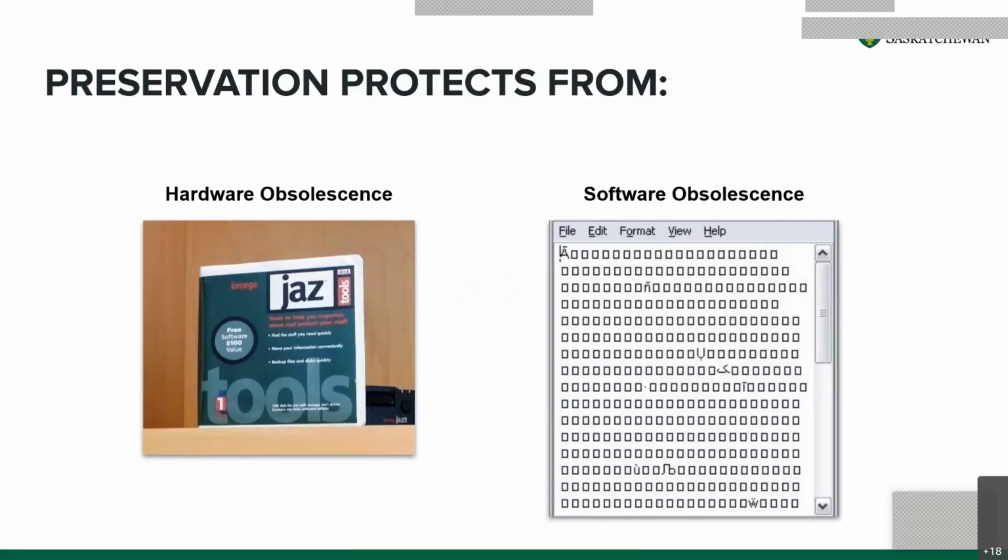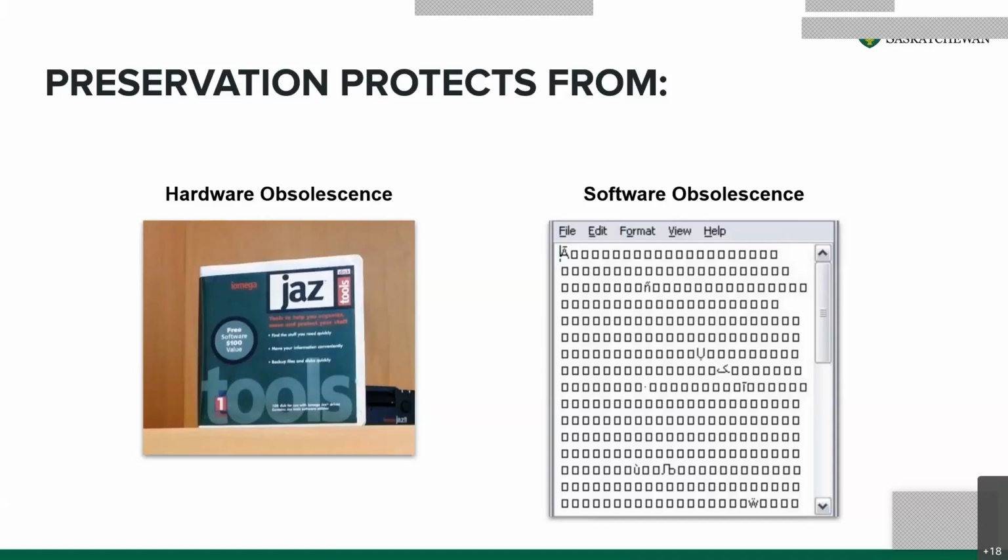So on the left-hand side here, we have a former colleague of mine's PhD thesis, and it's available on a Jaz drive. Have any of you ever heard of a Jaz drive before? Right. Okay, exactly. So the problem with this is that the hardware to actually support Jaz drives doesn't exist anymore.